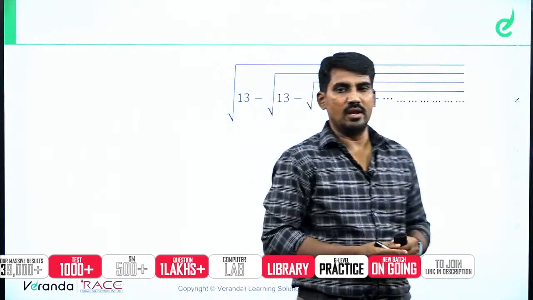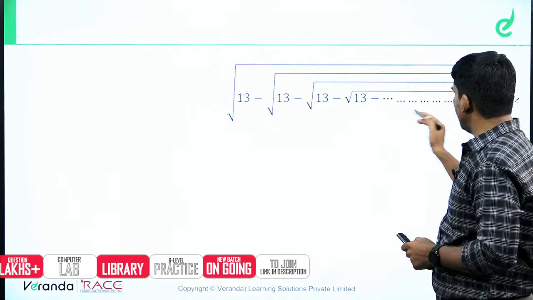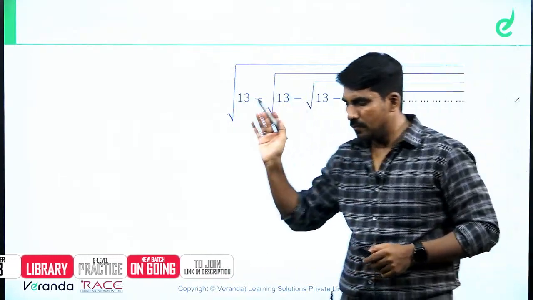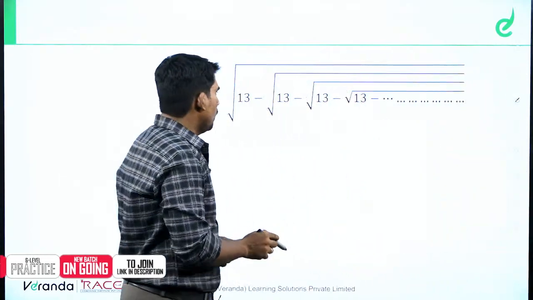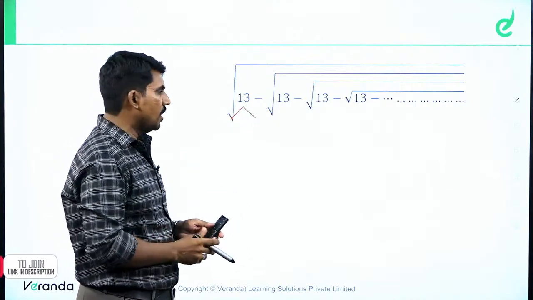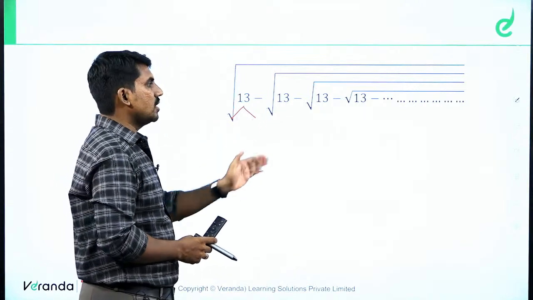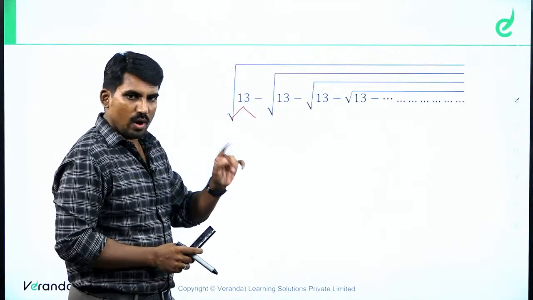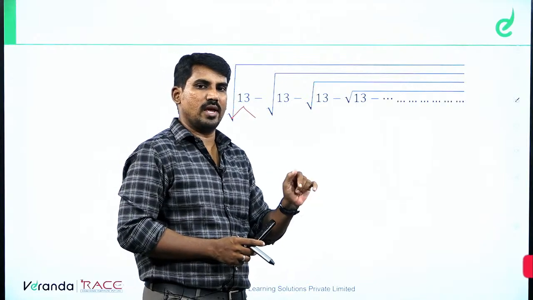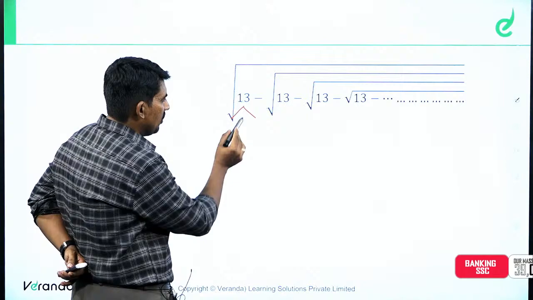Root of 13 minus root of 13 minus root of 13 up to infinity. Now, here we can't split this into factors. We can't get a 2-number product for 13, and we can't get a difference of minus 1 either. Here also we can apply (1 plus root of 1 plus 4a) divided by 2. But here is one small change, listen carefully.